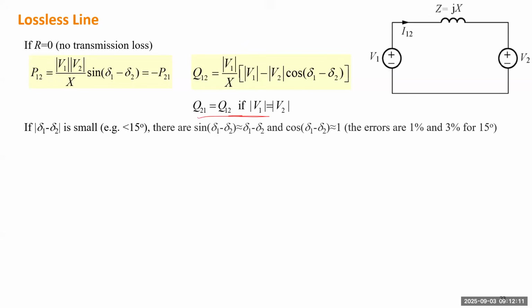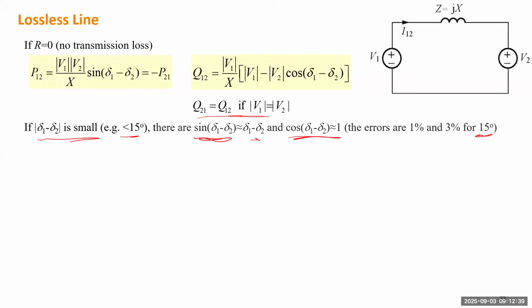So when the angle difference is small, typically less than 15 degrees, you can calculate that sine of 15 degrees will be very close to the angle itself. Even if you consider 30 degrees, it's not too different from the angle itself, if we use radians for the angle, and cosine of the angle will be very close to 1.